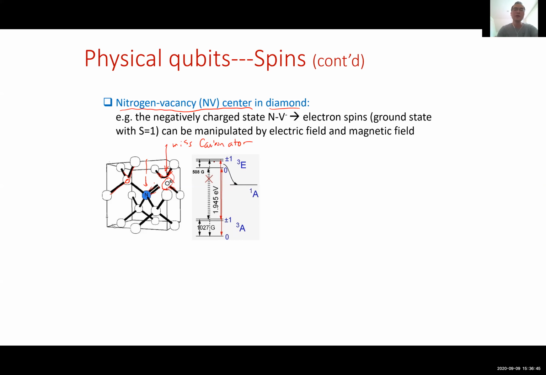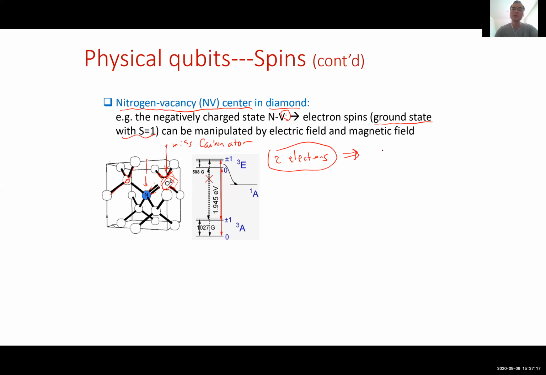And in some way, this vacancy can attract 1 additional electron. So therefore, there will be 2 electrons that can be active. And it was shown, and verified experimentally, that the ground state, the most stable state of this, is a spin 1 state.